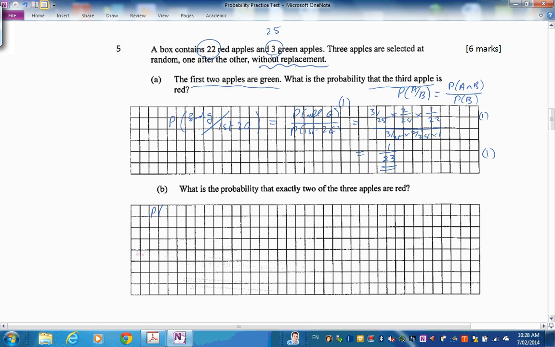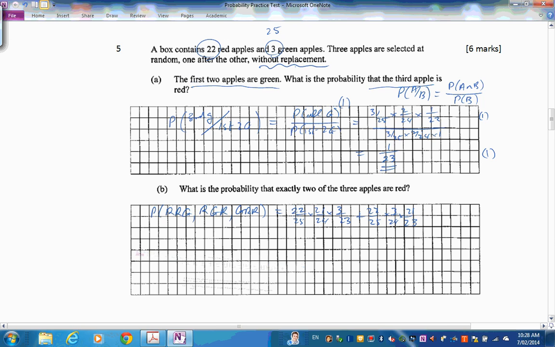That's a probability of red, red, green, or red, green, red, or green, red, red. So, let's do that. It's 22 on 25 by 21 on 24 by 3 on 23. That's the first one. Or red, green, red: 22 on 25 by 3 on 24 by 21 on 23.